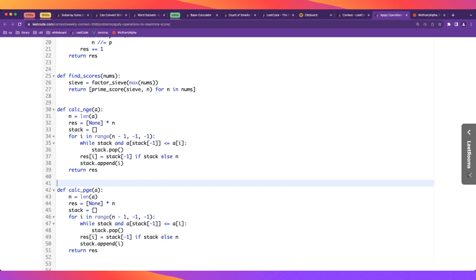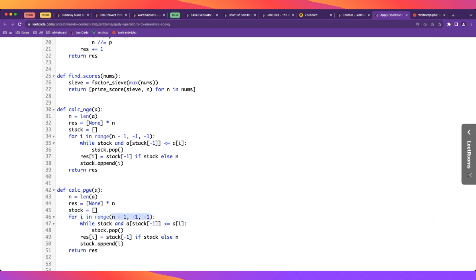If it's the same, we're going to prefer the one that has the smallest index. But in this case, it's greater or equal when we go to the left. So let's make sure that we deal with that. But the code is pretty much the same.